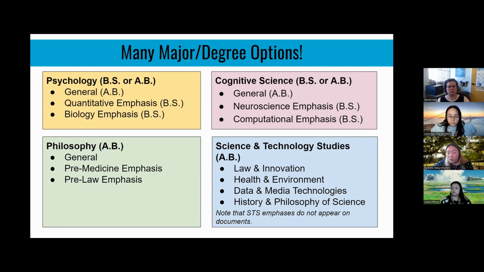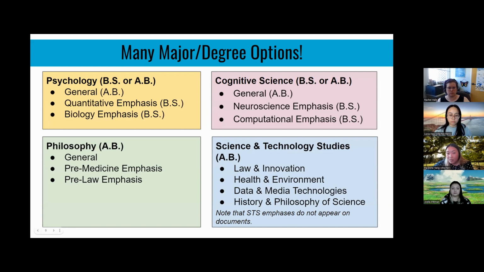For psychology and cognitive science, we have both AB and BS options. The AB options are general studies of those majors, and for the BS options, we have 2 different emphases for each major. For psychology, we have the BS quantitative emphasis and the biology emphasis. For cognitive science, for the BS degrees, we have the neuroscience emphasis and the computational emphasis.